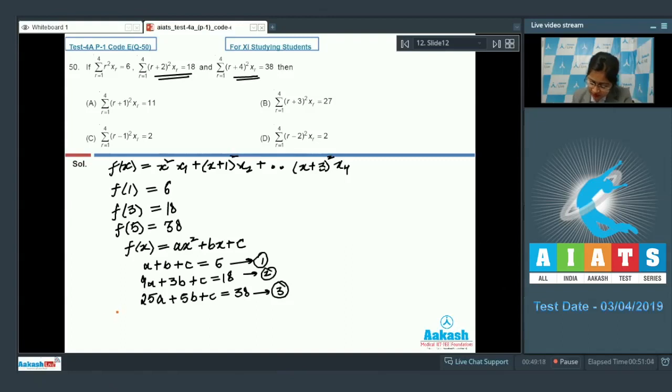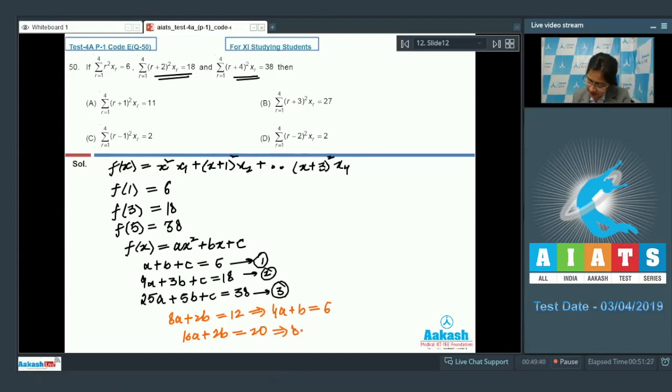If I subtract 1 from 2, we will get 8a plus 2b equal to 12, that is 4a plus b is equal to 6, and 3 minus 2 will give me 16a plus 2b equal to 20, right?